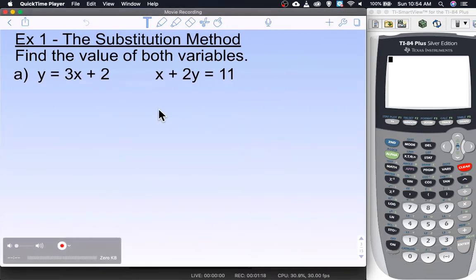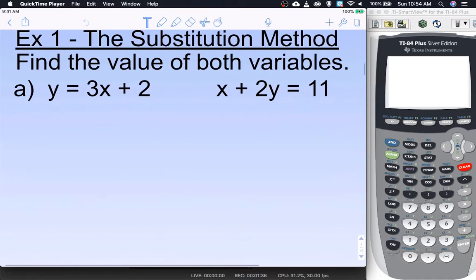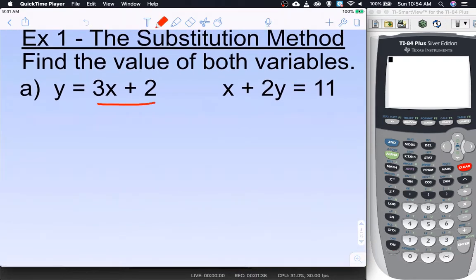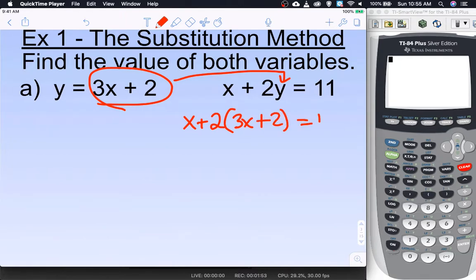So check this out. This equation is solved for y, meaning it's y equals. That is the requirement for the substitution method. You have to have one of the variables, x or y, to be by itself. So I'm going to say, if this stuff here is equal to y, then if I plug it in right there, I'm going to have this new equation, x plus 2 times 3x plus 2 equals 11.